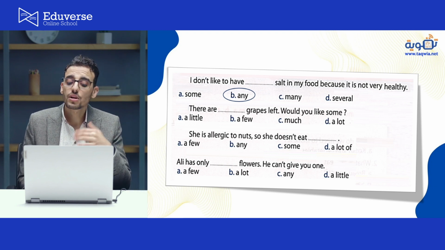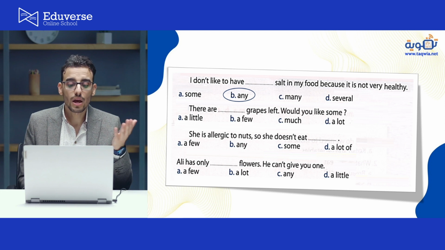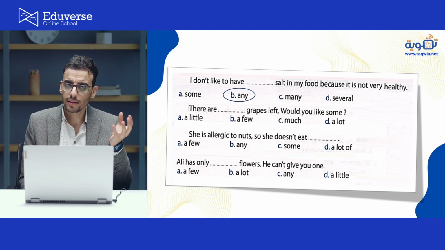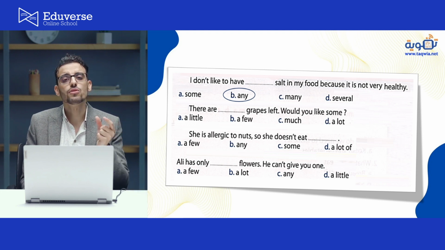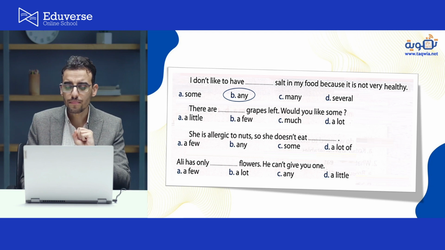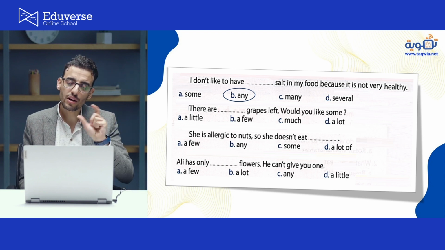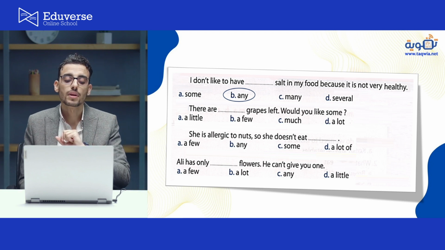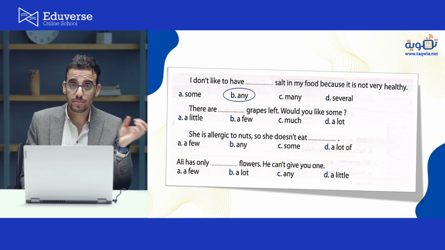There are blank grapes left. Would you like some? We have here a little, a few, much, and a lot. If you want to use a lot, you have to use a lot of, okay? So you're going to use one of the quantifiers that we have mentioned, a little or a few. What about grapes?